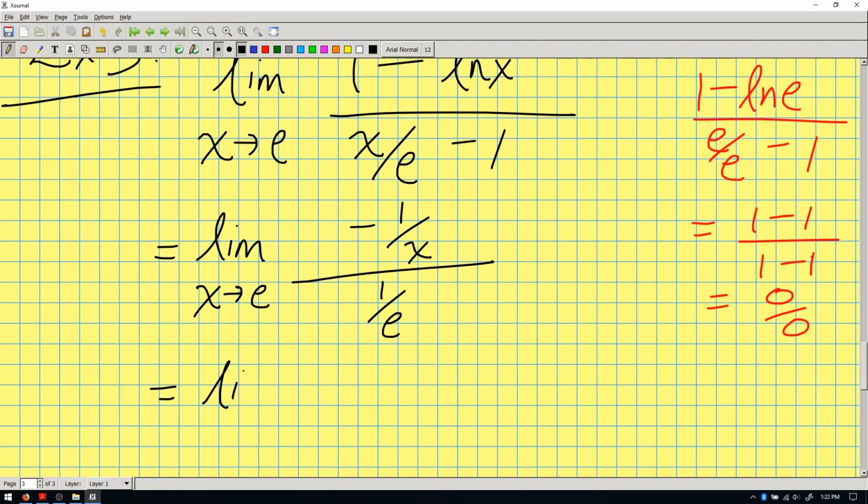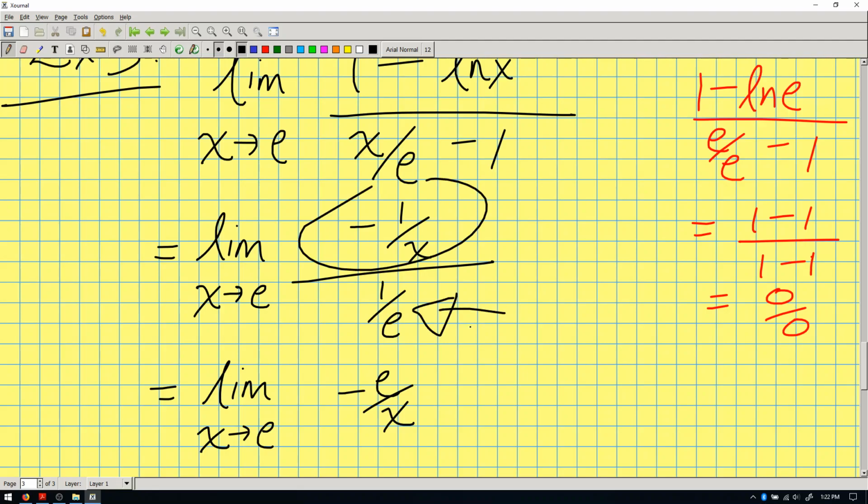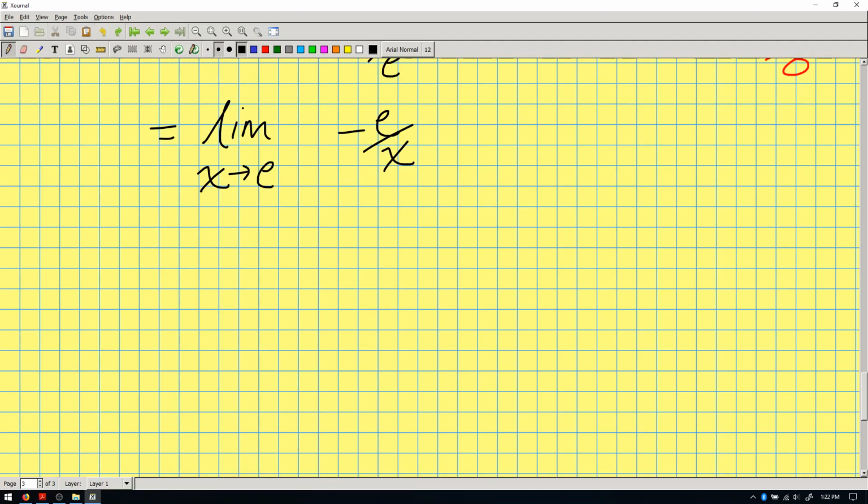So now if I rewrite this, because I can, I'll get negative e over x, because I'm basically multiplying by the reciprocal. Now all I have to do is plug in e. So I get negative e over e, and I get negative 1 as my final answer.